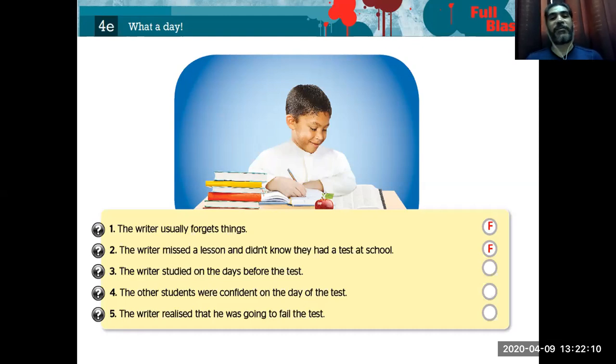Studied at the day of the test, the day before the test, or he was absent? You said true. Okay, let me see. Welcome, Muhammad Dagash. Okay, let me see. Muhammad Fawzi. Okay, true or false? Number three, right? Yes.